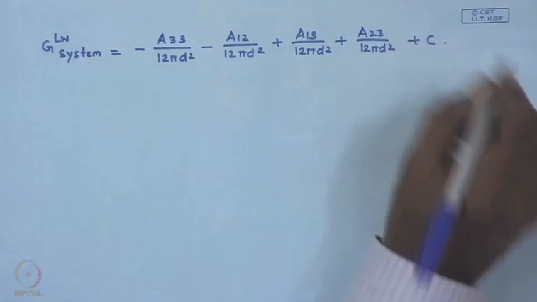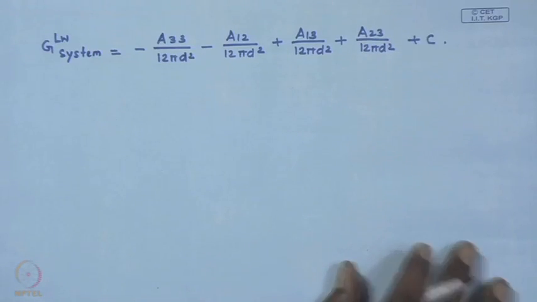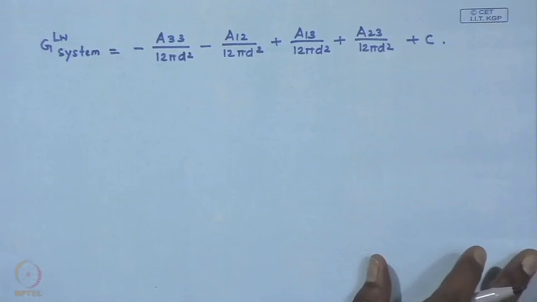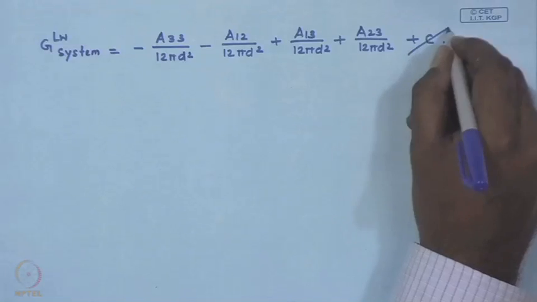plus the constants. So, we are interested in the change in the energy as a function of d, and therefore, the constant does not matter. So, we can neglect it.